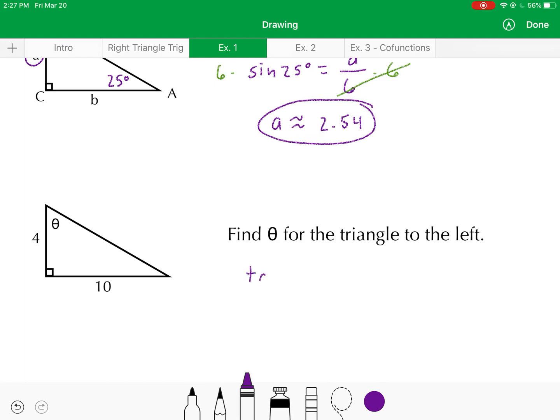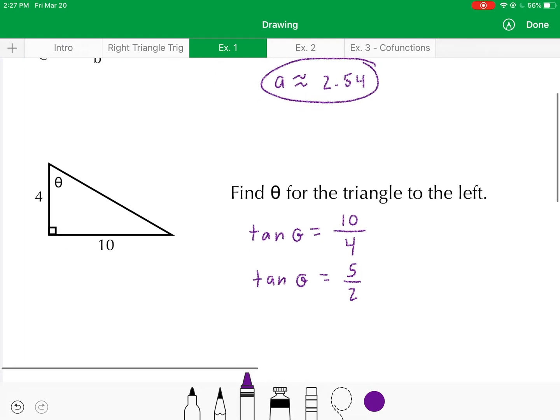I can say that tangent of my angle theta should equal the length of the opposite side of angle theta divided by the length of the adjacent side. Now we could reduce that. We could say tangent of theta is equal to 5/2.